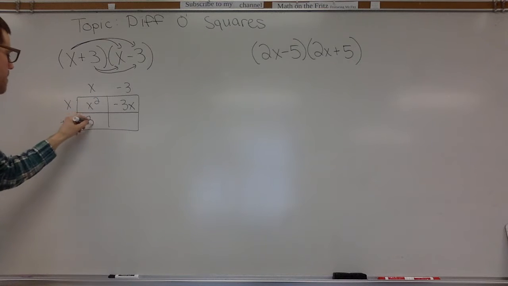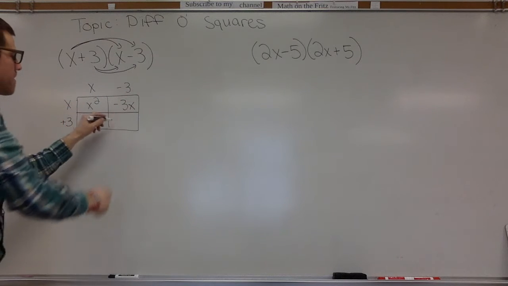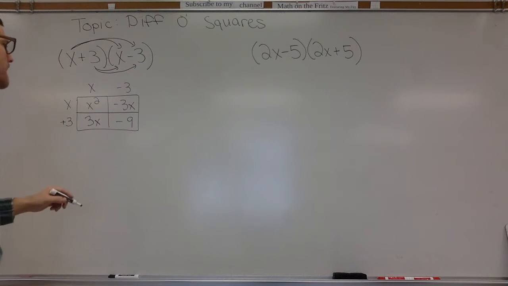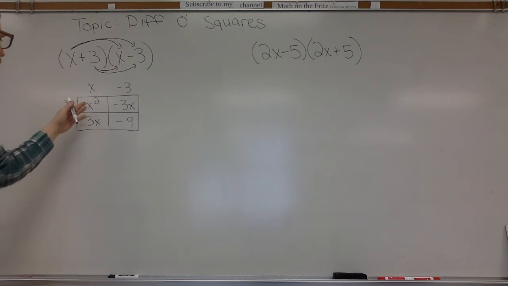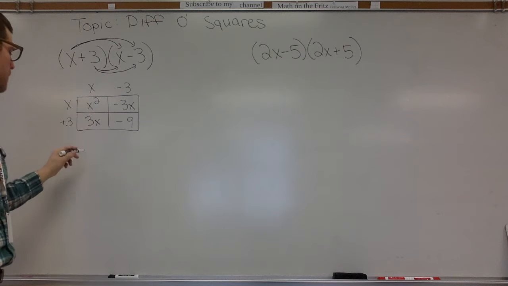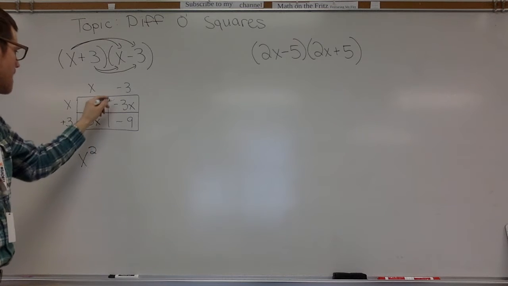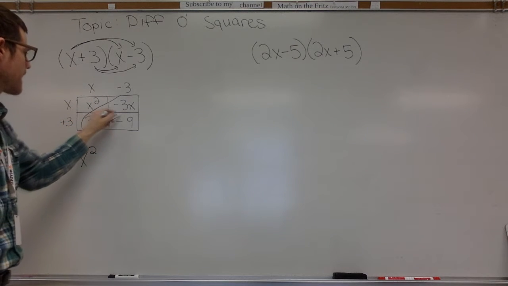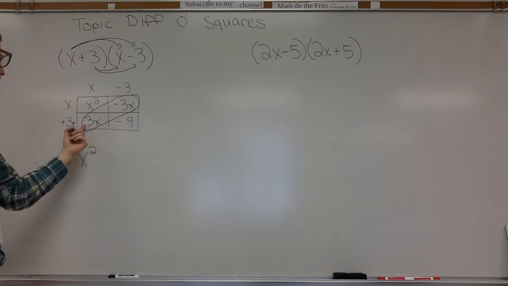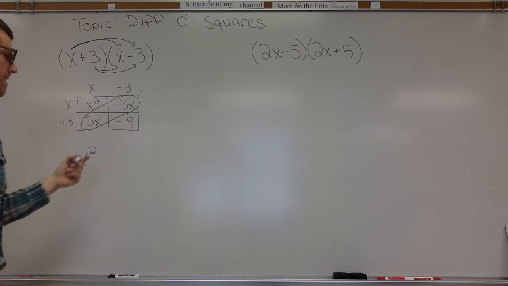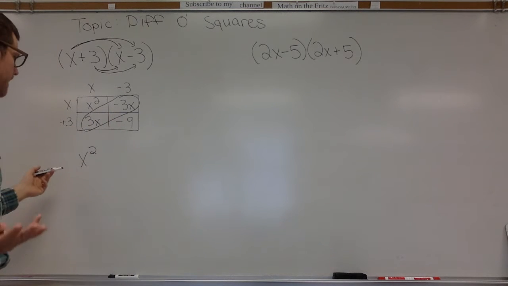3 times x is 3x. 3 times negative 3 is negative 9. But instead of getting 4 answers listed down here, I only have x squared once. These are both x to the first power, so they're like terms, and you end up combining them. But 3x minus 3x, that's gone.